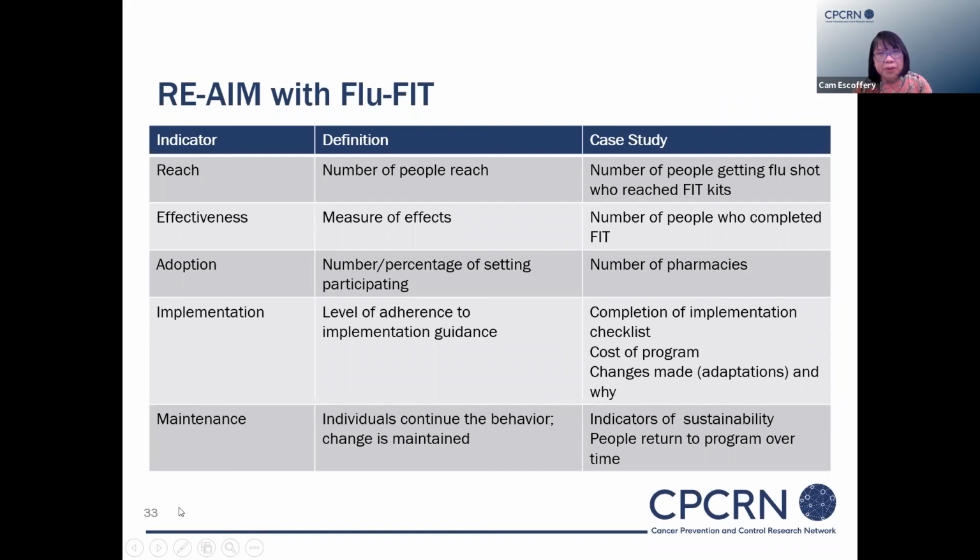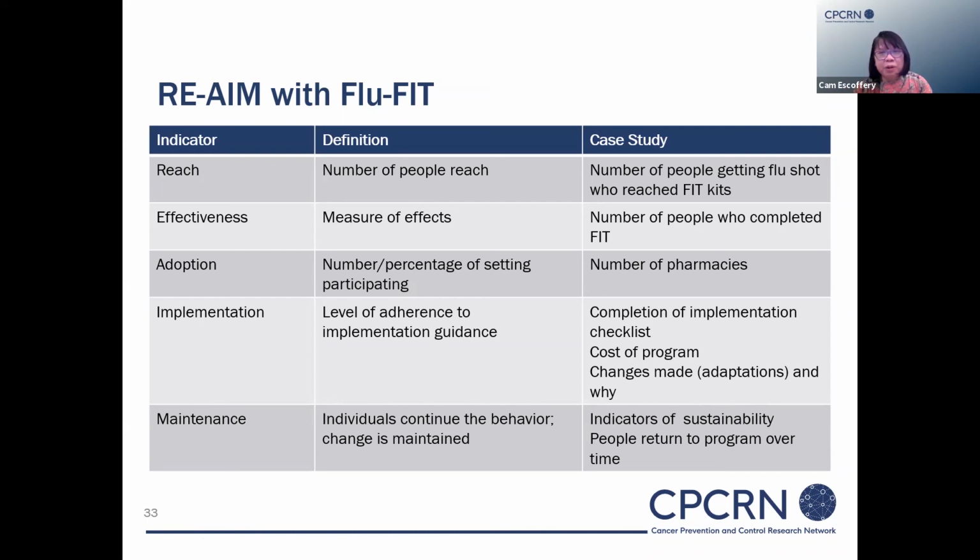This is an example of RE-AIM with the Fit Flu program, since that's the program we've been talking about. So here you can see some examples for reach, for example, the one that we gave from the indicators, the number of people who are getting the fit kits who are showing up for their flu shot, all the way to implementation questions about how they are adhering to the implementation guidelines.